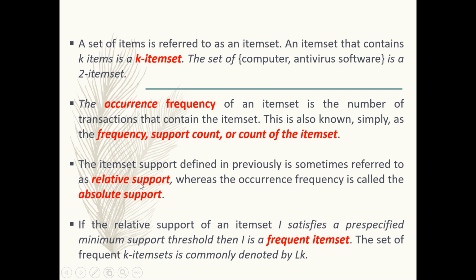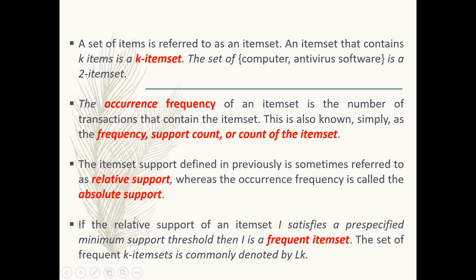If you divide it by the number of transactions, it is called relative support. If you don't divide it and just take the numerator, meaning how many times it has occurred, then it is called absolute support. When you don't divide, it is absolute, but when we divide by the total number of transactions, comparing it with the total number, it's called relative support.